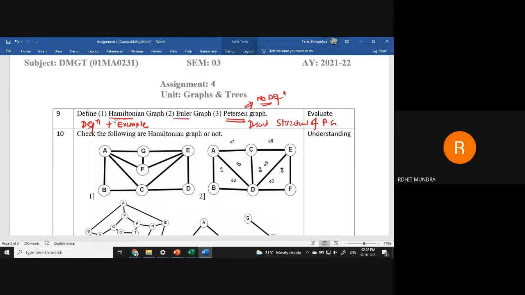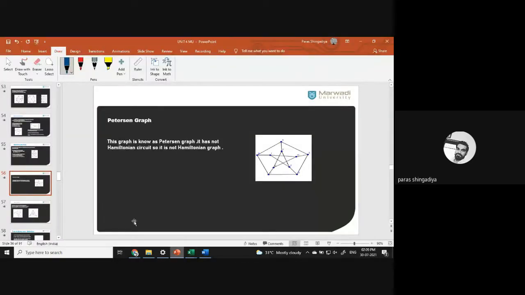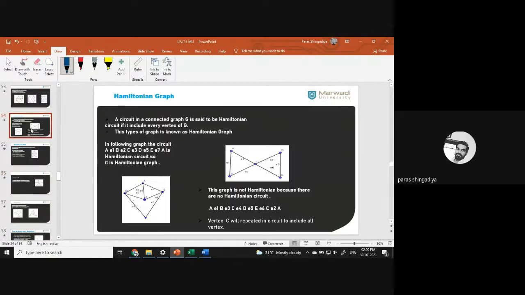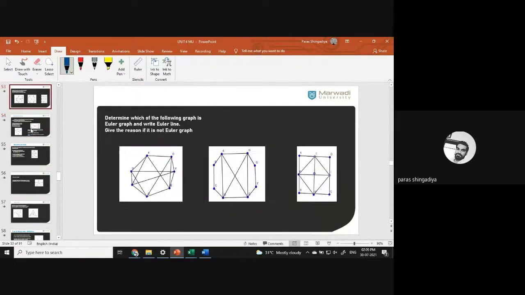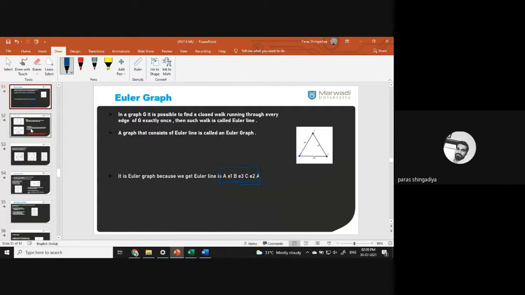Sir, it includes every vertex of the graph and reaches the starting point from where it has started. Good. That we already discussed in the lecture, it is part of unit number 4. First, the Euler graph. Clear? And then after we'll discuss Hamiltonian graph.